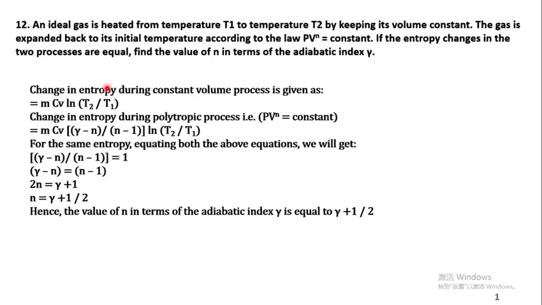So similarly, in this constant volume process we have the entropy change delta S equals this one. And for another process, PV to the power of n equals this one, we have delta S equals this one.